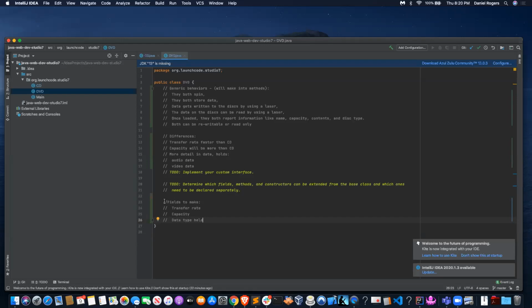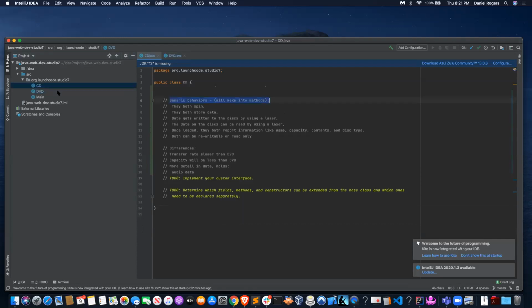So basically, the base class can be CD, right? Because looking at it, the DVD is just CD 2.0. So anything that a CD can do, a DVD can do. It just does it better plus more.